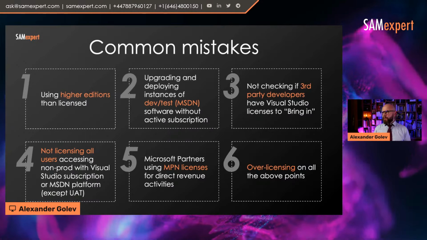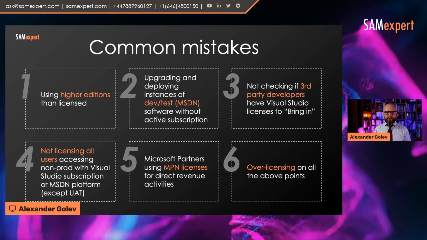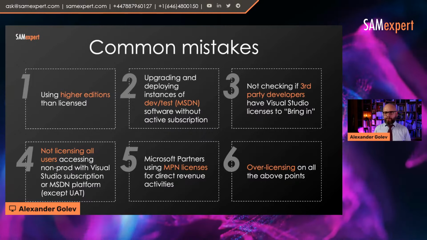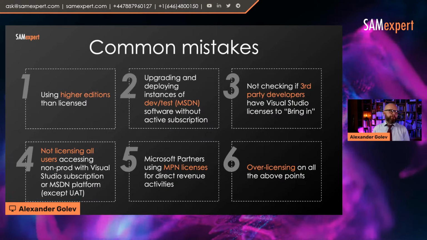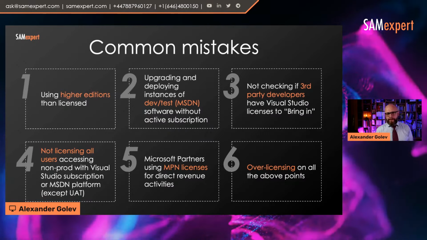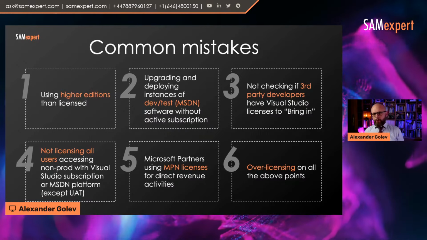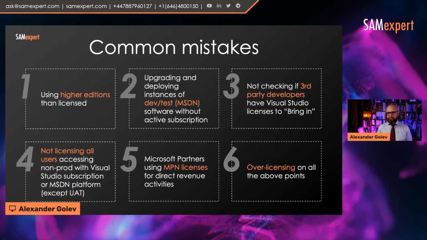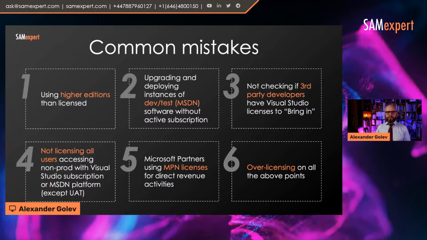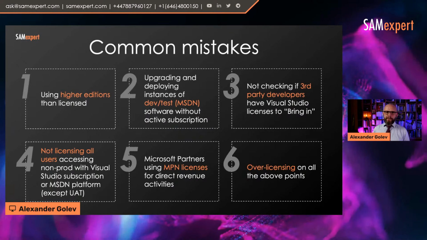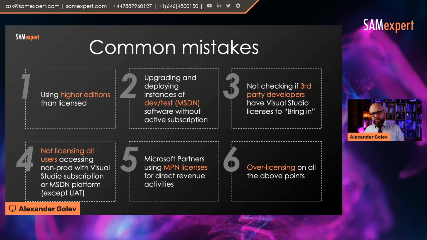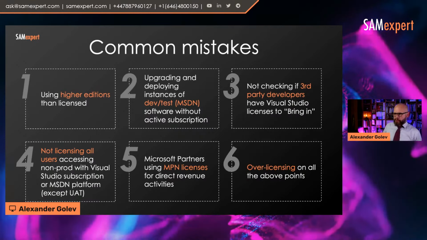Users are licensed with Standard, it's very easy to download Enterprise, they install Enterprise, and they go. Where they get the key from, I have no idea, but it happens everywhere. Too many users without an Enterprise license are using the Enterprise edition. Don't do that. That's obviously non-compliant. You may only do down-editioning.